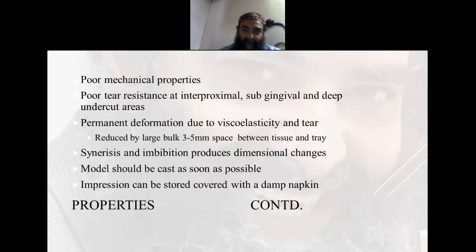It can be reduced by a large bulk of the material if used with a 3 to 5 millimeter space between tissue and the tray. If we have a tray with a space of about 3 to 5 millimeter between the tissue to be recorded and the tray, then we have less permanent deformation.